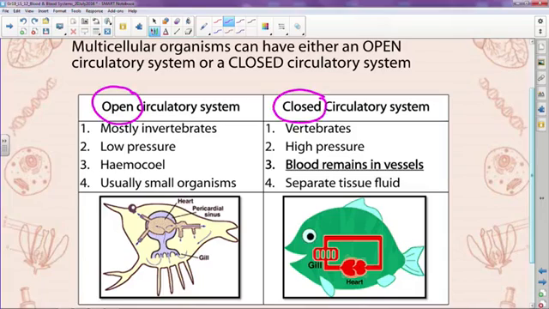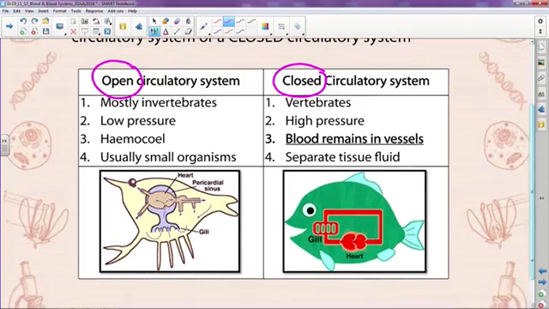Now, what do I mean by that? If you have a look, this is like a little insect or something. When we look at a circulatory system, we need to move things around. We know that's what a transport system is. And how we move things around is we use, and we're going to look at that later, can you see?